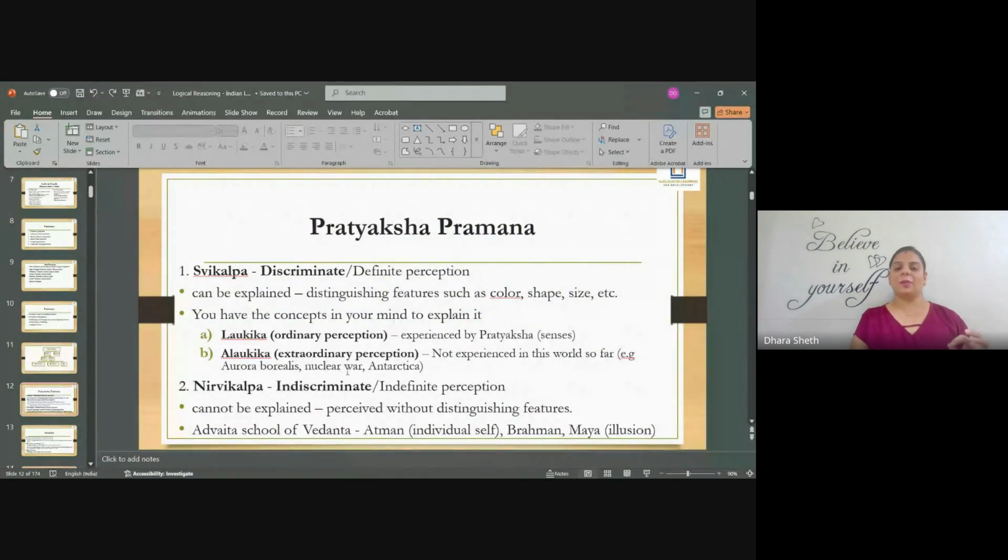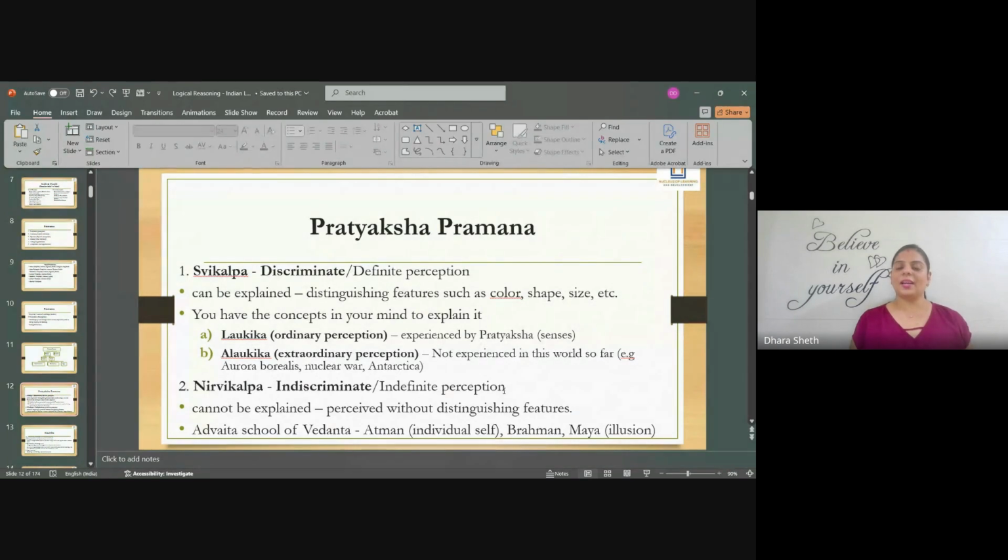Whereas nirvikalpa or indiscriminate, which is also sometimes called indefinite perception, cannot be explained. It does not have distinguishing features. Like the Advait school of Vedanta says, Brahma, or God, and Atma, the individual self. Atma is the same as Brahma. Atma is a part of Brahma. And everything that we see around is Maya or illusion.